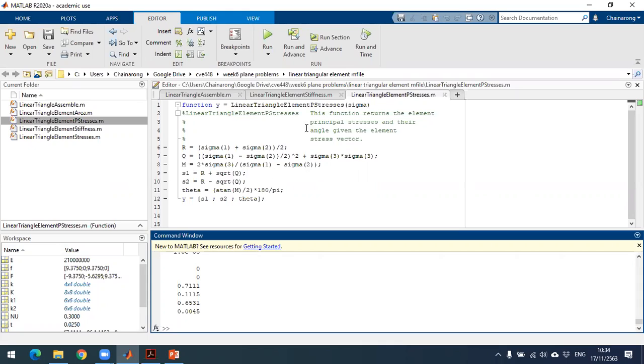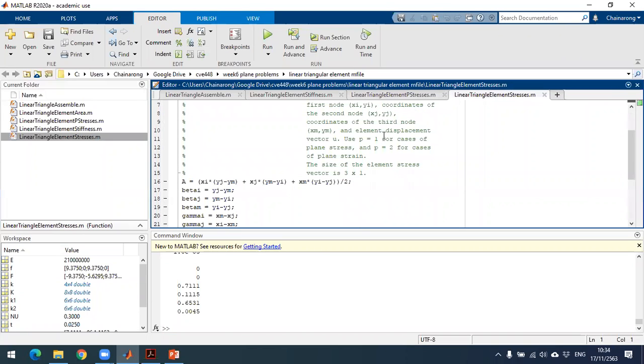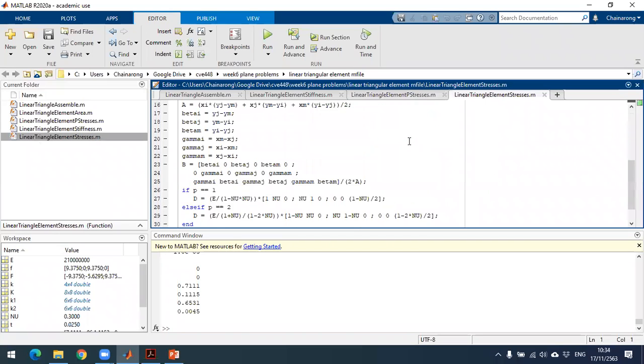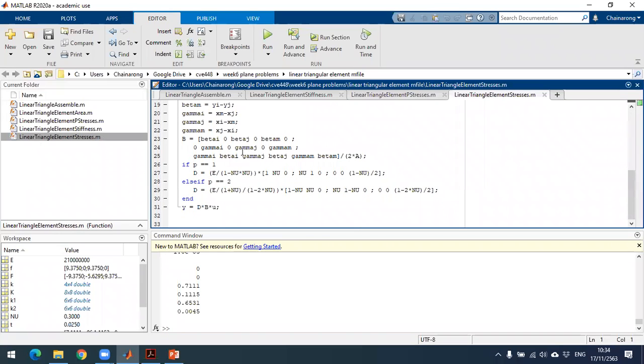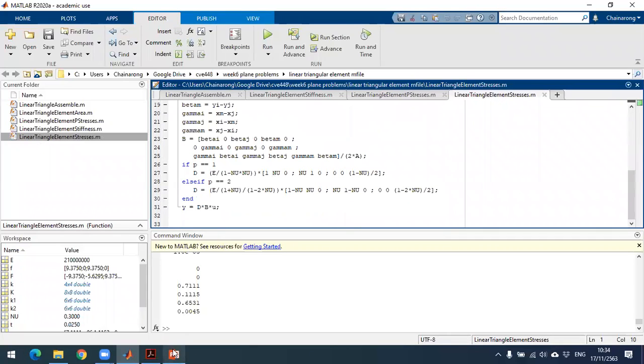We require the stress before, so we have to use the M5 element stress first in order to determine the stress from the displacement. That is determined from the stress equal to dBu. Okay, sigma is equal to dBu. So we will use this M5 to determine the stress first.